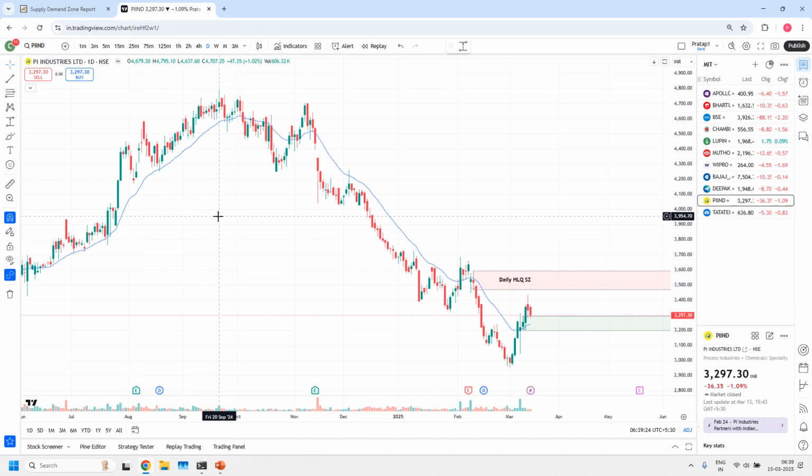The zone confluence, EMA confluence strategies, what did you learn? See, if you compare daily time frame order flows and weekly time frame order flows, weekly has stronger order flows. Similarly, when you compare daily, weekly and monthly, monthly has the strongest order flows. Suppose your daily zone is inside the weekly zone.